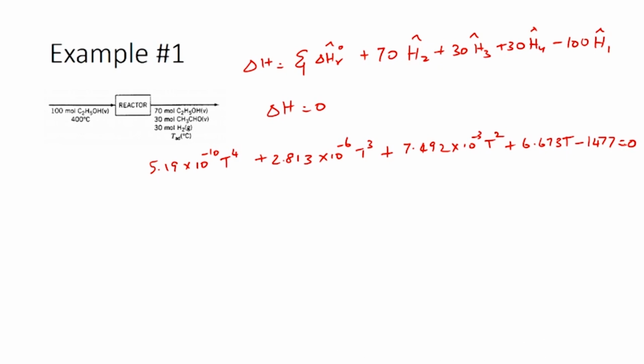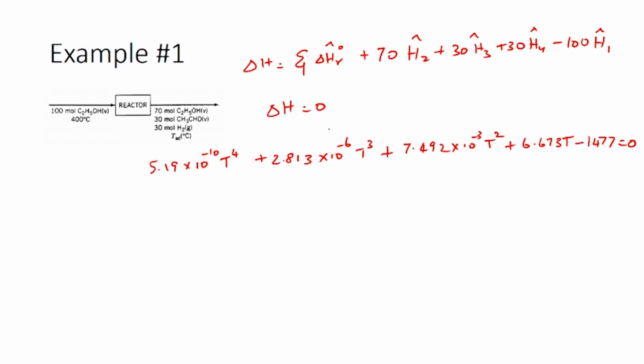You can solve this equation using Excel or some other software, or if you do not have access to that, you could try to ignore the higher powers of temperature, which is the T power 4 and T power 3, because the coefficients are 10 power minus 10 and 10 power minus 6, meaning that the impact of these would be smaller.